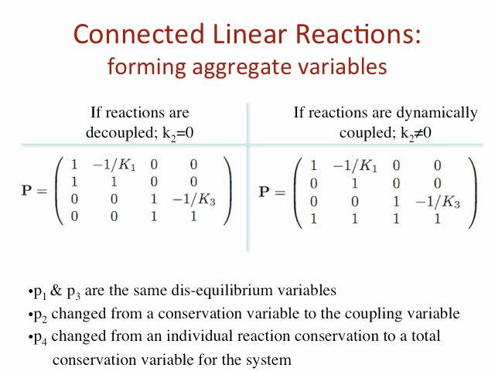And P4, I know, will be a conservation variable. If you do take the stoichiometric matrix shown in the previous slide and calculate its rank, you will find out it is 3. So there are 3 dynamic degrees of freedom here, not 4.